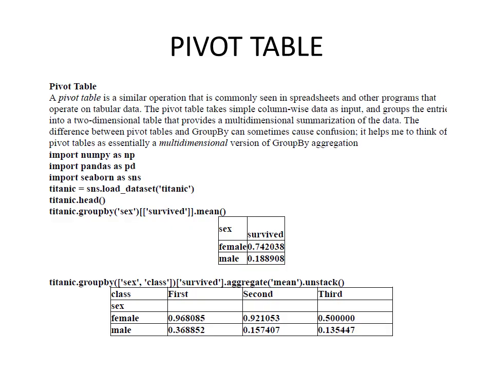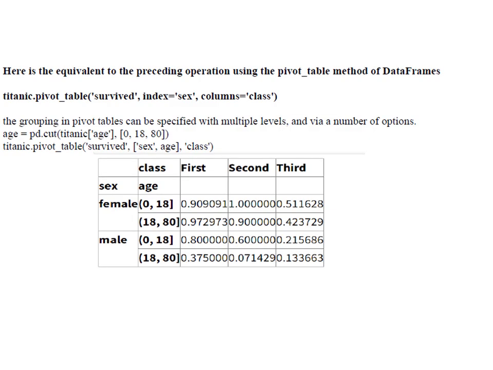Seaborn, as sns, is one of the libraries to load the database, for example, the Titanic database, with group, age and gender, whether it's first, second, third class. Using a pivot table, we use this format. It shows us the output with equivalent preceding operations of index, survived, and grouping in pivot tables in specified multiple formats. So this is what we see here.